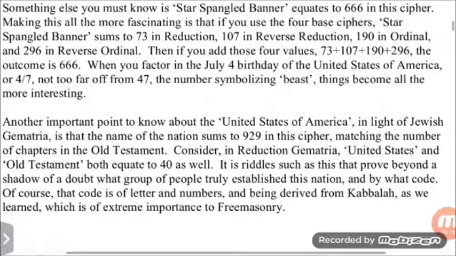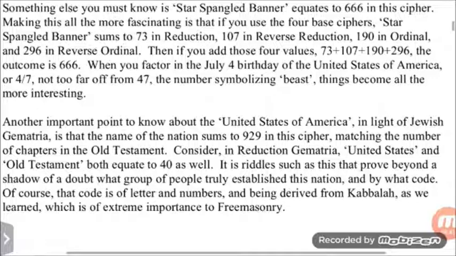Then if you add those 4 values, 73 plus 107 plus 190 plus 296, the outcome is 666. When you factor in the July 4th birthday of the United States of America, or 4/7, not too far off from 47, the number symbolizing beast, things become all the more interesting.